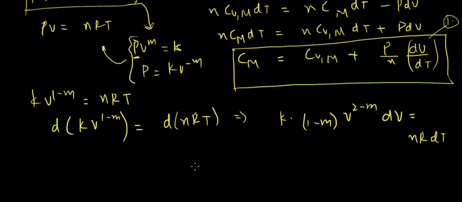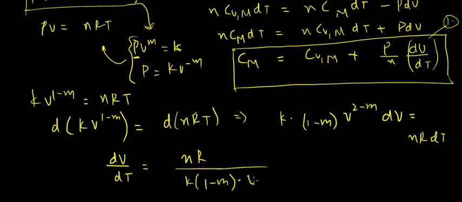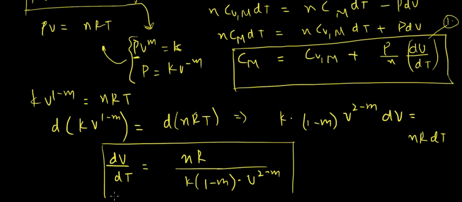So from here we will get the value of dV upon dT by simplifying this. It would be nR divided by k times 1 minus m times V to the power 2 minus m. So this would be the value of dV by dT.